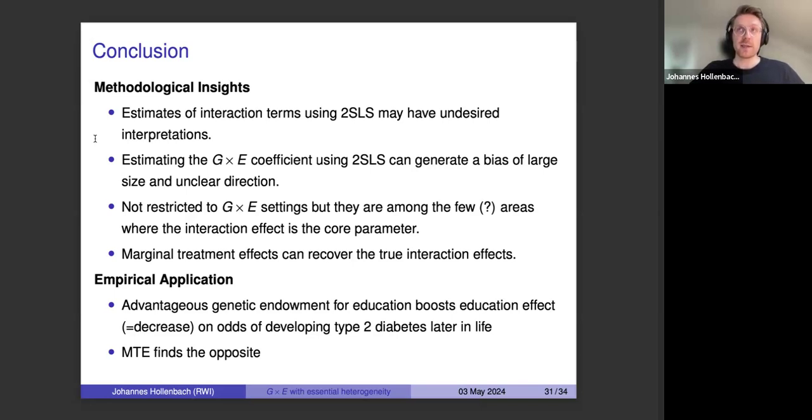And in order to consistently make these interpretations, you may have to use marginal treatment effects to estimate instead of two-stage least squares. That's all we're saying. We're just illustrating it with the example, which, as you've mentioned, is maybe not the best example, but for now, it works in showing that, I believe.